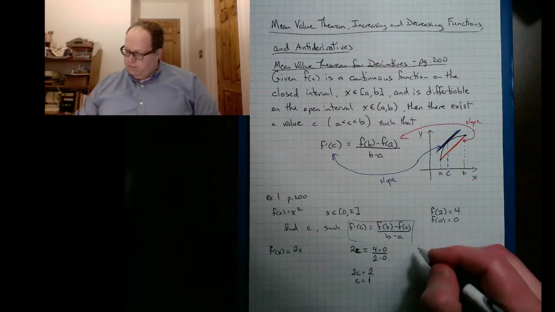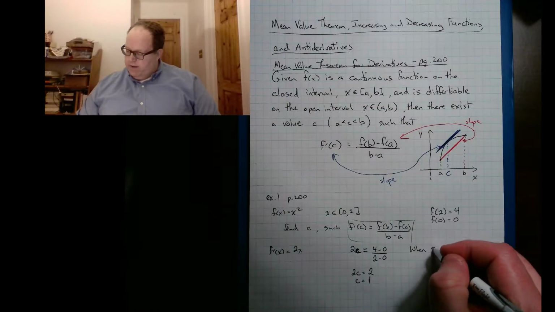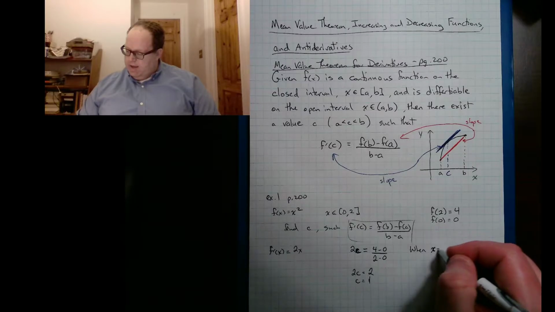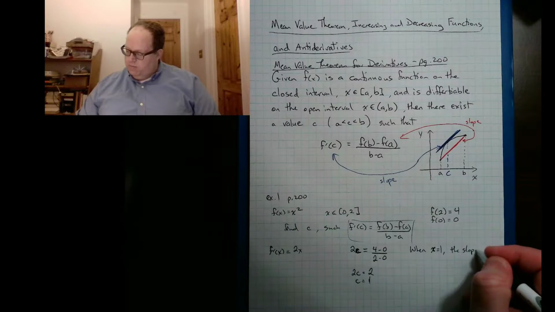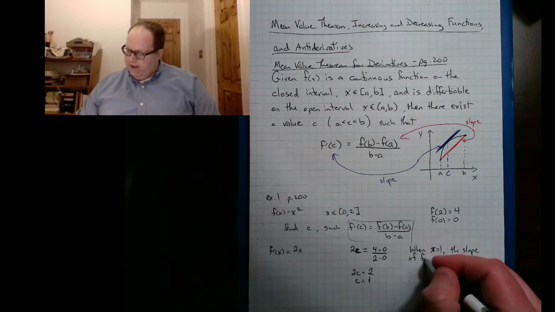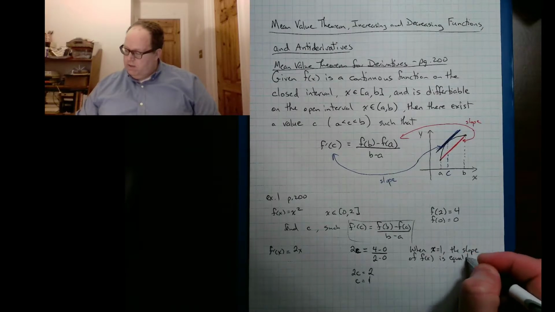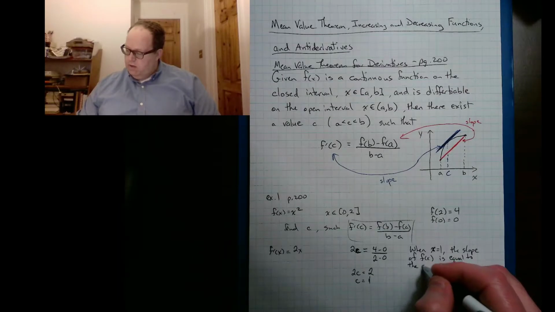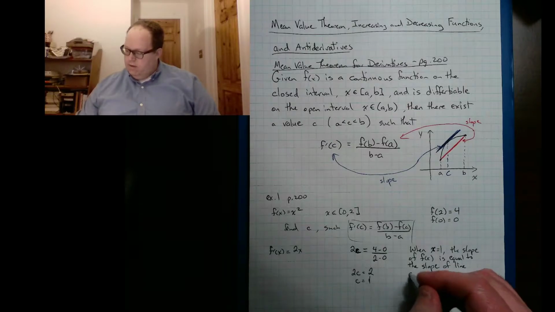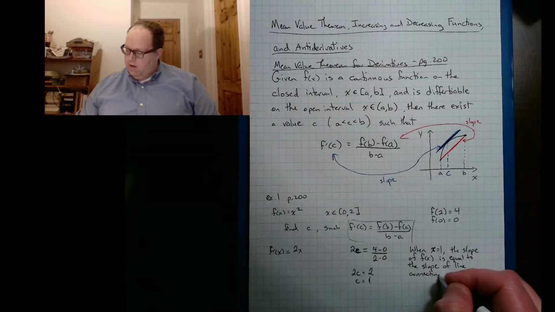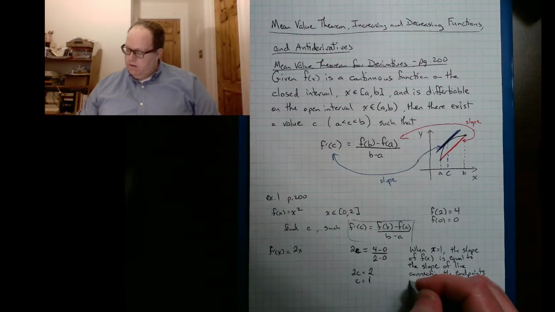Or in other words, when x equals 1, the slope of f of x is equal to the slope of the line connecting the endpoints of f of x.